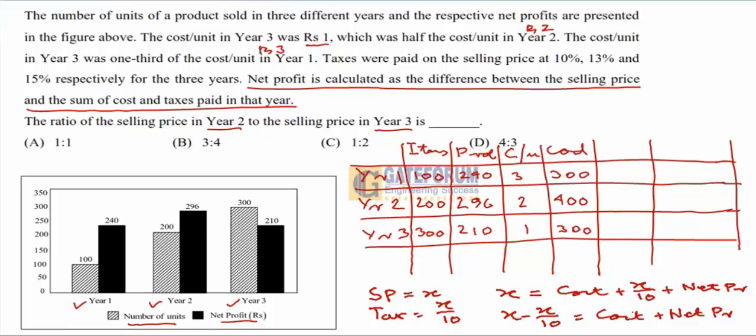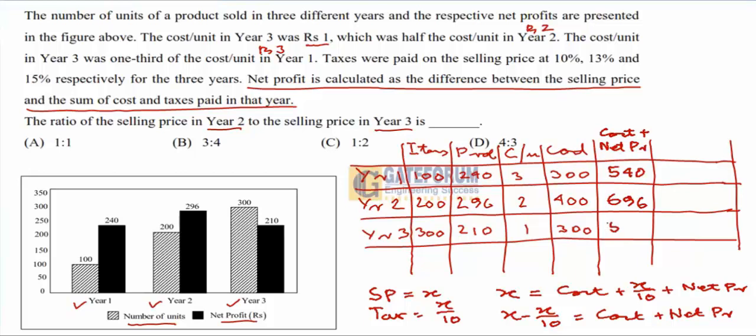So cost plus net profit, let us make this column. Cost plus net profit. So the selling price is not this. The selling price will be this plus the taxes. Okay. So that would be our 300 plus 240, that is 540. This would be 696.